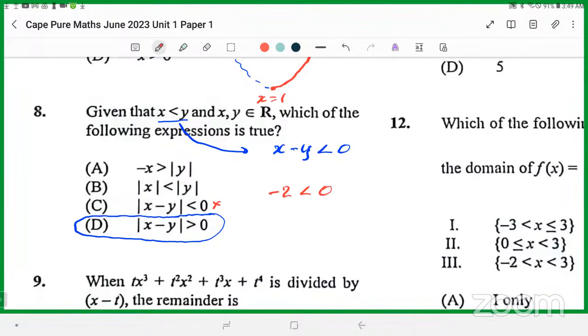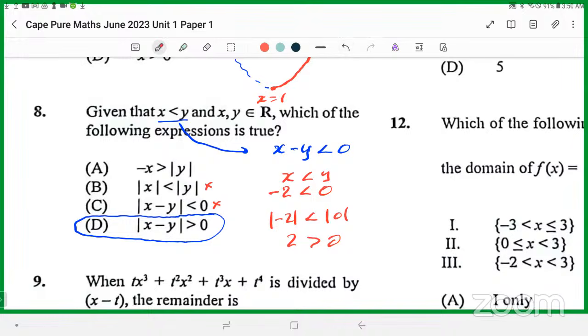If I put this as my x less than y, and I make my y be 0, when I take the modulus of this side, I'm getting 2. The modulus of -2 is not less than the modulus of 0, because this actually becomes 2, and 2 is greater than 0. So that's why this one would not be true.